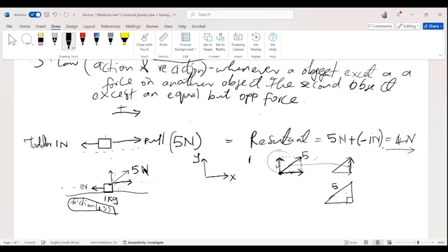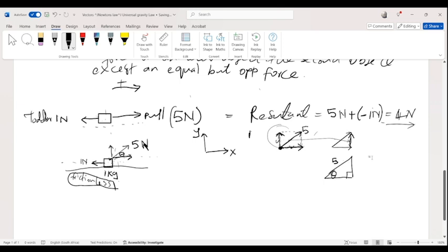If you don't agree with me, you can go to the comment section. This is 5, and we have an angle theta.